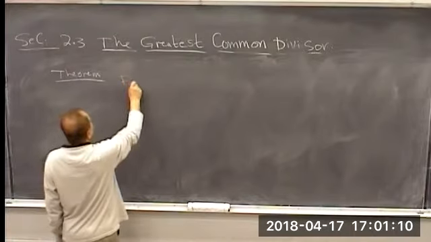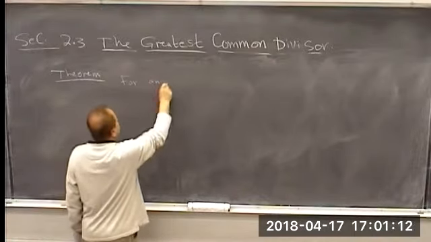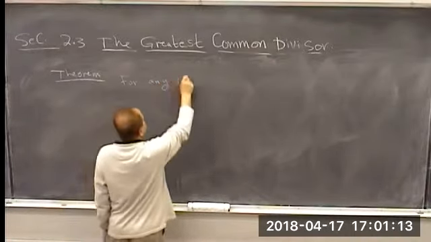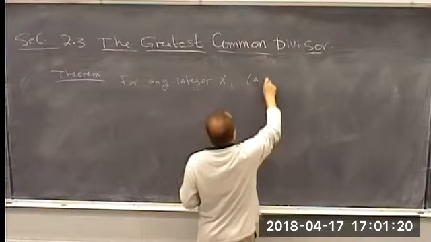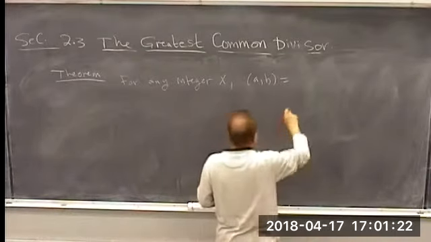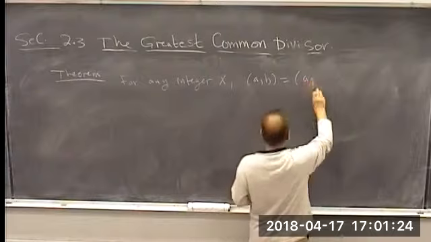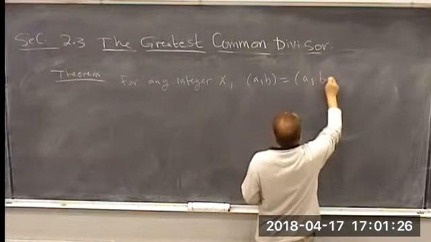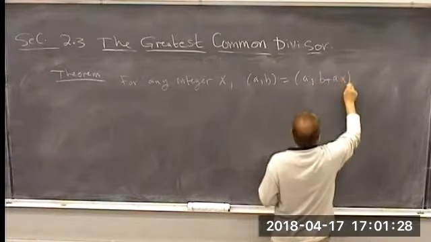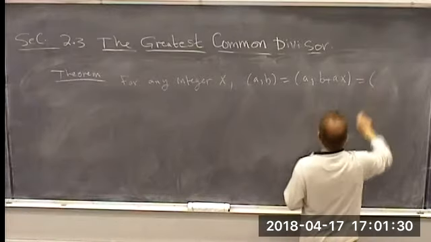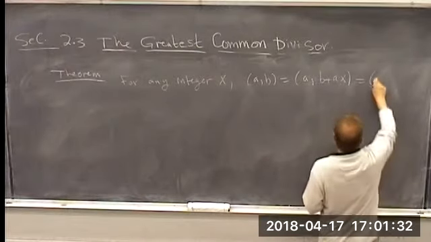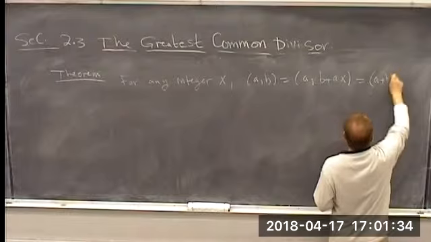For any integer x, the greatest common divisor of A and B is the same as the greatest common divisor of A, B plus AX, and this is also equal the other way around, A plus BX.